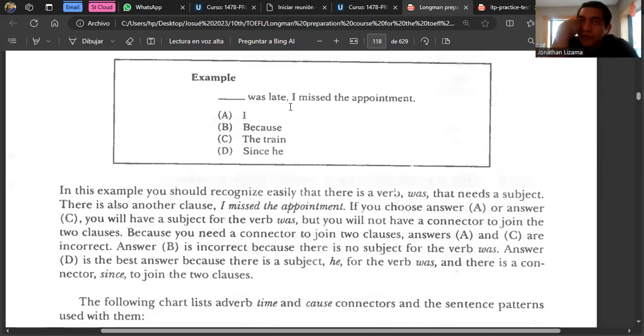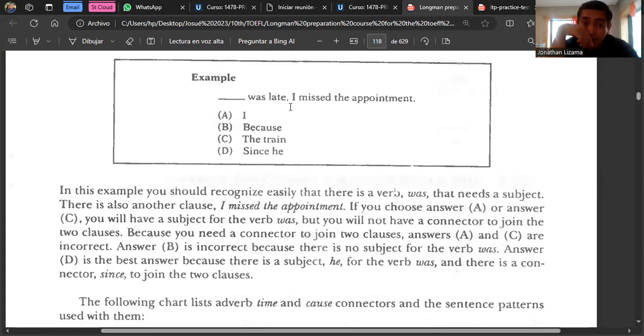What I wanted you to notice is that if you have a comma in the middle to separate the two sentences, and after the comma you don't have any connector, pay attention. It is understood that you have a sentence that needs another connector or a subordinate connector.